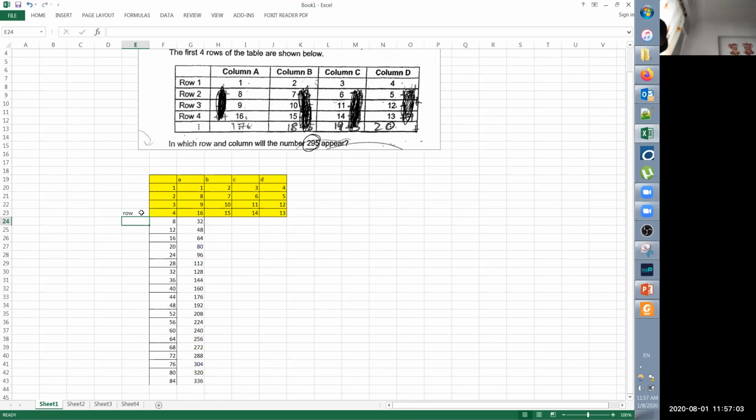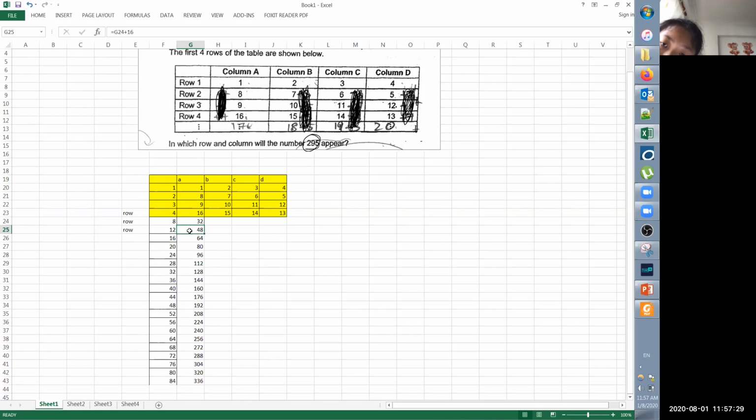Okay, so your row 8 will be 32, and then your row 12 will be 48, right? Because every four rows will be 16, 16, and 16. So that means your row 8 will be 32. Your row 12 will be 48.